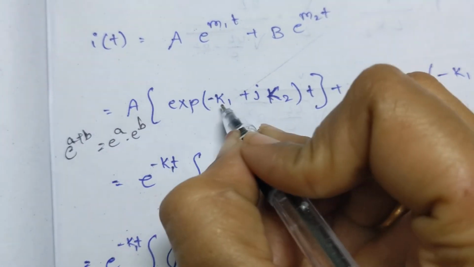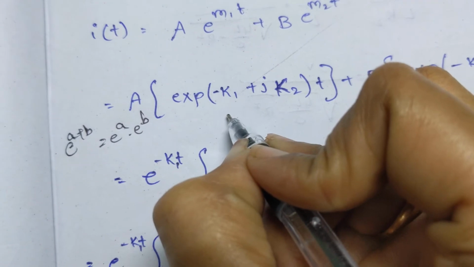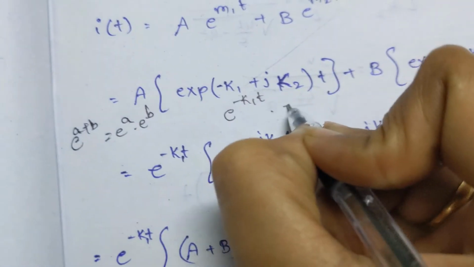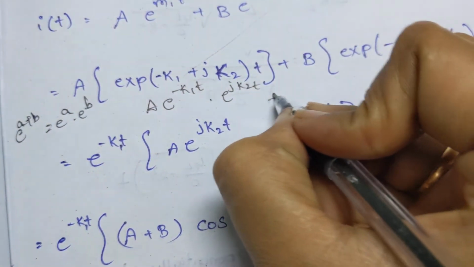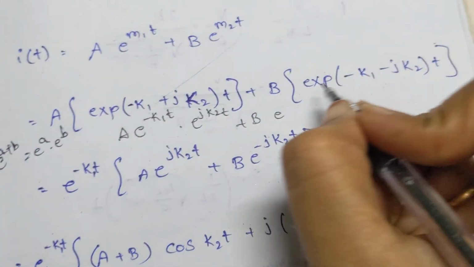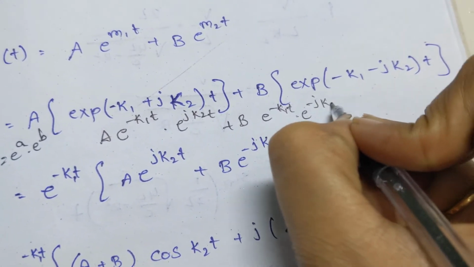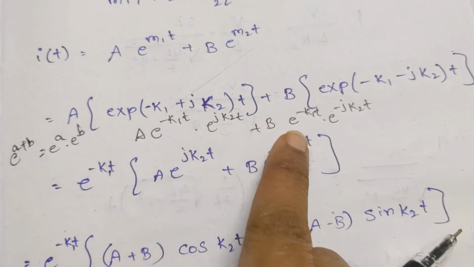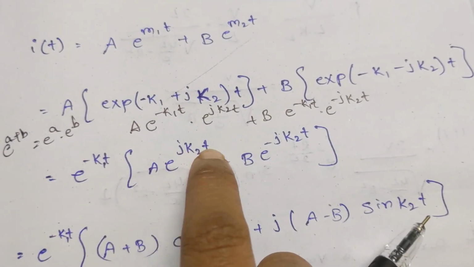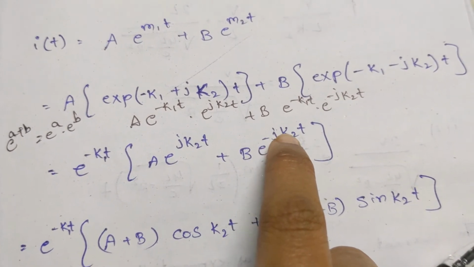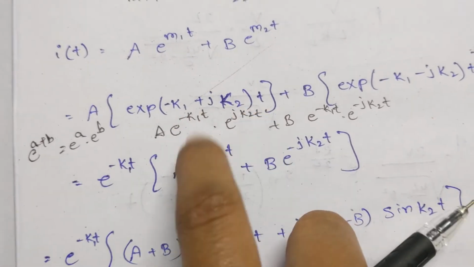Now e^(-k1t plus jk2t) I can write as e^(-k1t) into e^(jk2t), multiplied with a, and again for b, it is e^(-k1t) into e^(-jk2t). Observing these terms, e^(-k1t) is common in both, so I take it out: a e^(jk2t) plus b e^(-jk2t). Here I apply the exponential rule.